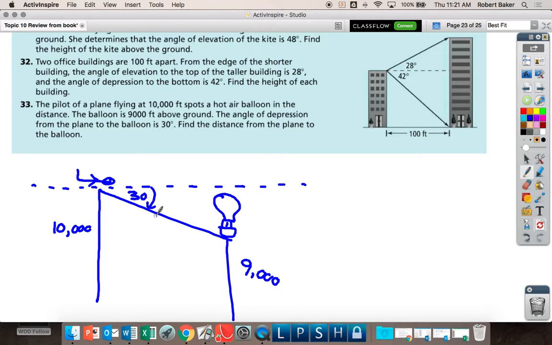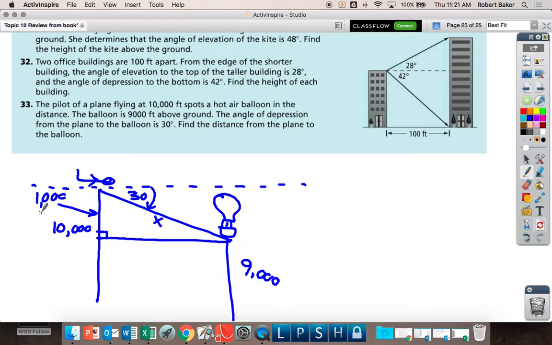So we're looking for X distance right here. Now you can connect a line right there with the right angle. And you should be able to justify if the hot air balloon's 9,000 feet in the air and the airplane's 10,000 feet in the air, what is this distance right here? 1,000. So the angle of depression is 30 degrees.